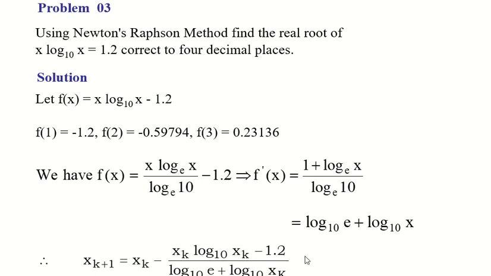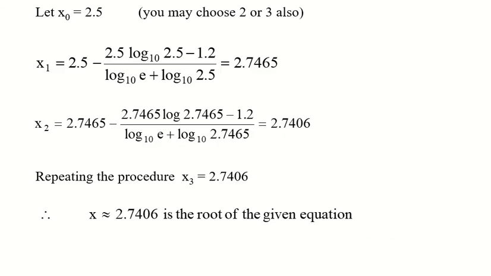So now what is your Newton's formula? x k plus 1 is x k minus f of x k by f dash of x k. So x k minus, what is f of x k? x k log x k to the base 10 minus 1.2, divided by log e to the base 10 plus log x k to the base 10. This is the iterative formula. Now we shall go on calculating the values.